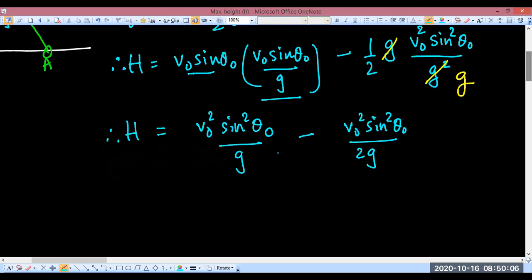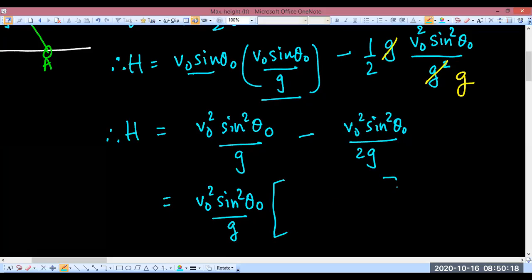Now you see, you have to take LCM, or you could take common, whichever you're comfortable with. v0 square sine square theta common upon g also common. So here everything is gone, so 1 minus, all this is gone, right? I hope you realize what I'm circling is common, right? So only that 2 remains.